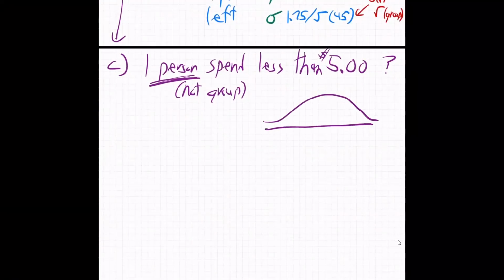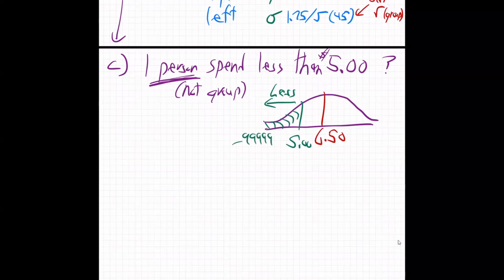Where you do the bell curve, you put the middle, which was $6.50. You put the $5 right over here. Less than is to the left. That's all the same. No difference there. Unless you go left forever, that's negative 5 nines. It's all the same. And so we go to second, vars, not inverse, Normal CDF.